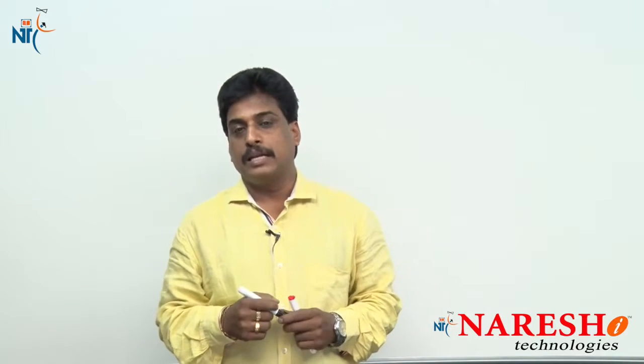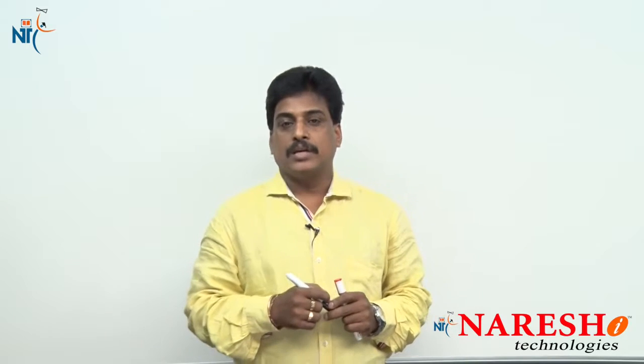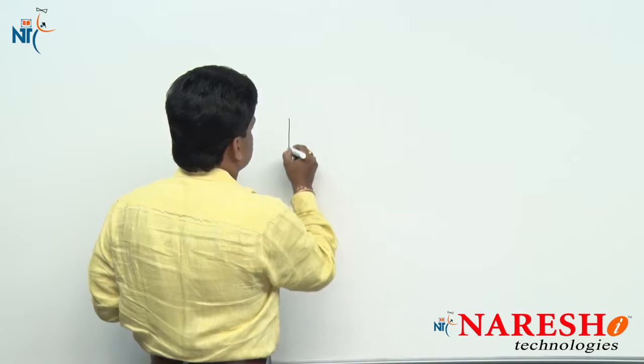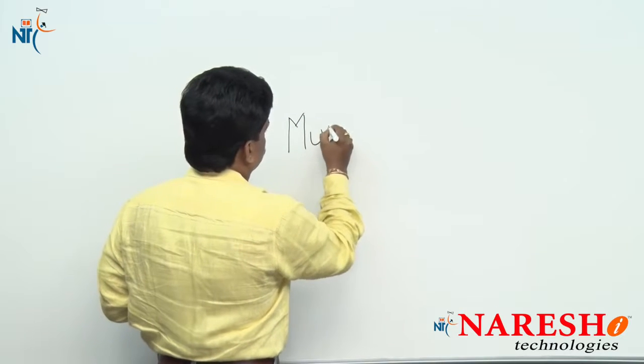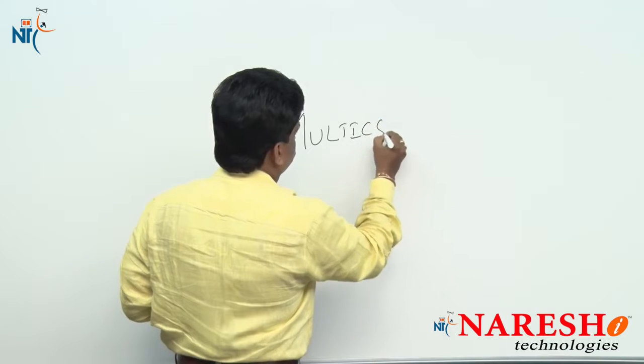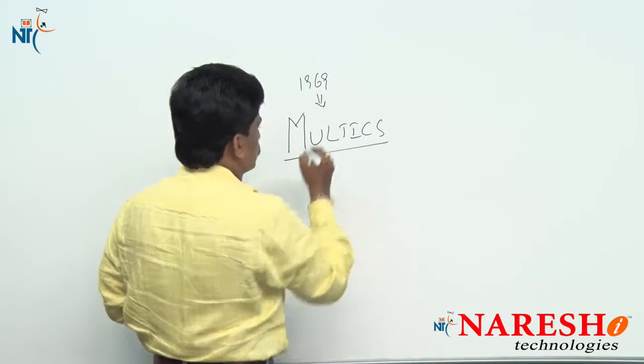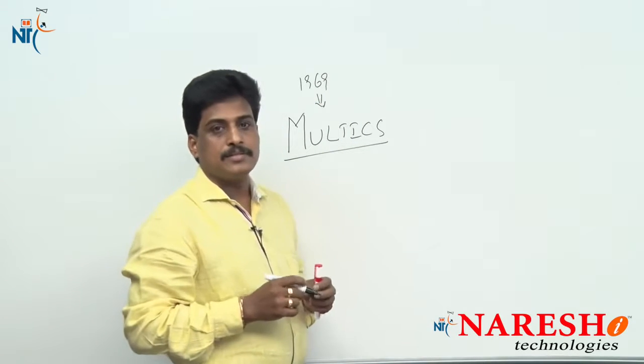In the year 1969, at AT&T, American Telephone and Telegraph, popularly known as Bell Laboratories, a project was started by a team led by Ken Thompson and Dennis Ritchie. The project name is Multics, Multi Information Computing Services.